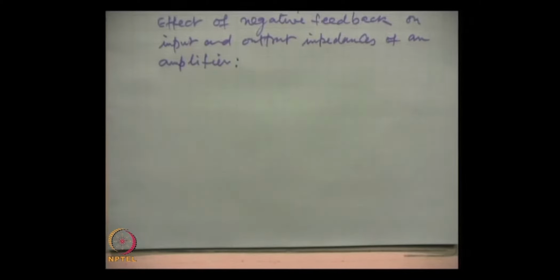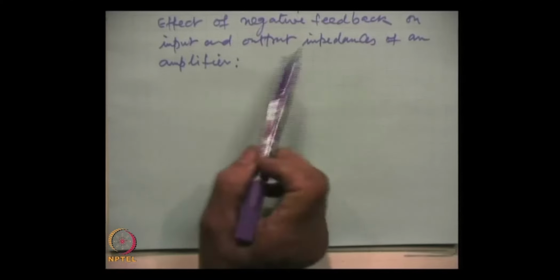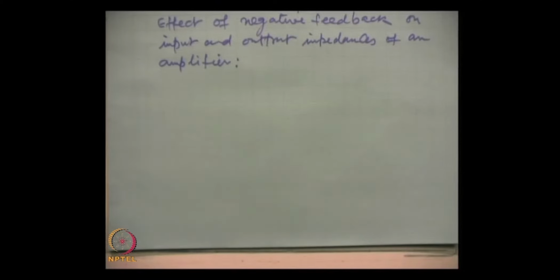I have been saying this, and I am sure you have now understood this statement, that all properties in a negative feedback amplifier are modified to the tune of 1 plus B A, and we will see that here also. Now, we are studying the impact of negative feedback on input and output impedances.